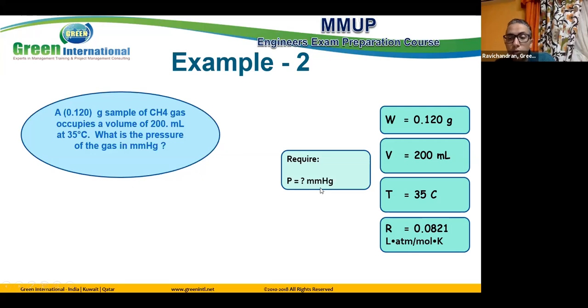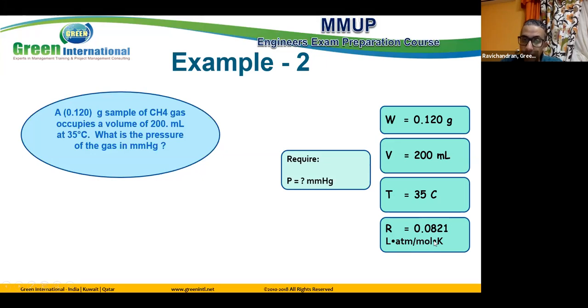Here the given volume is 200 milliliters and the given mass is 0.12 gram. The temperature is 35 Celsius, so we change 35 plus 273 to obtain Kelvin. 200 milliliters should be changed to liters, and then liter, mole, Kelvin all match, so you get the pressure in atmospheres.